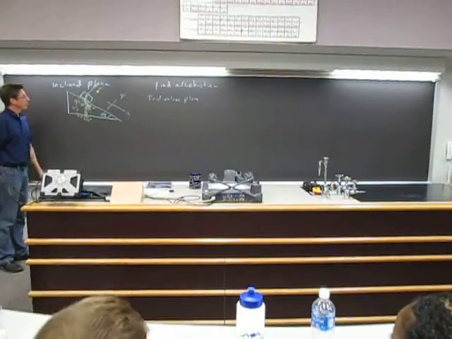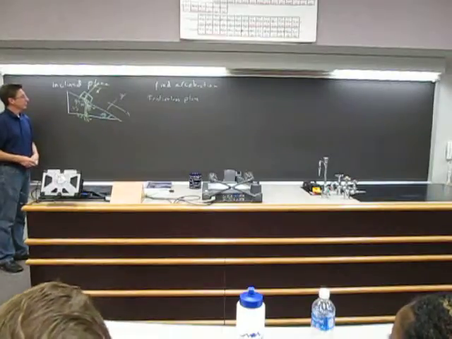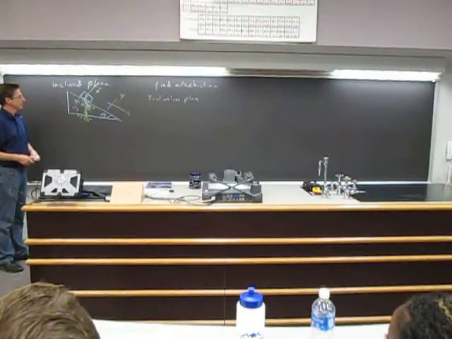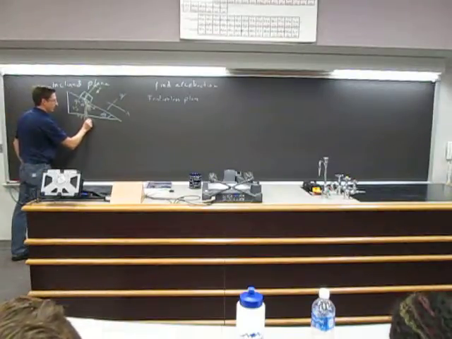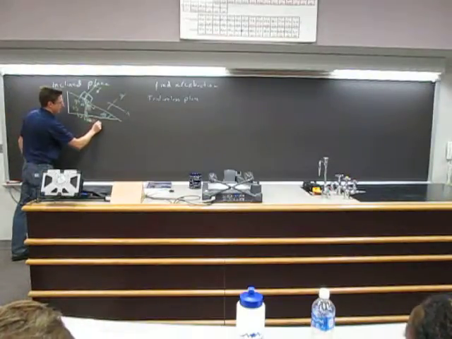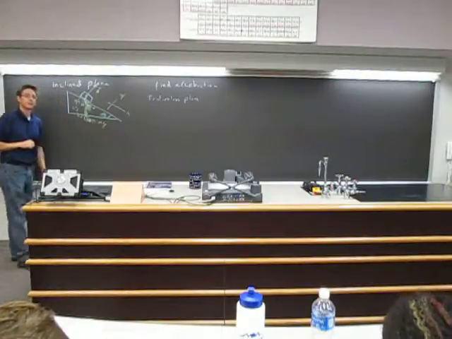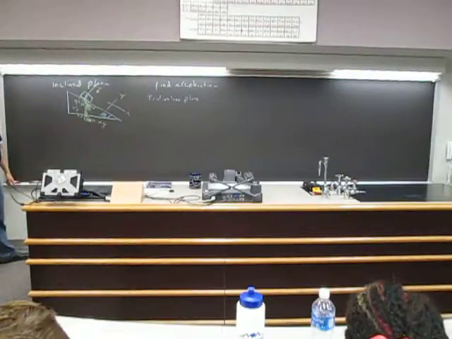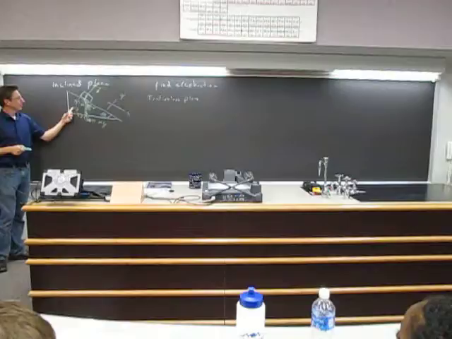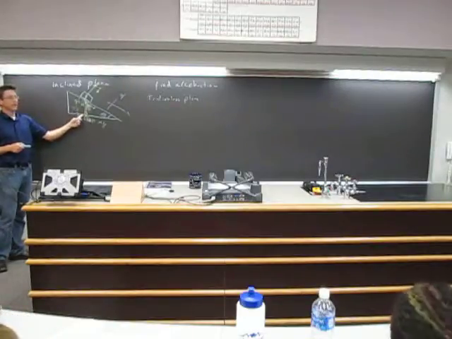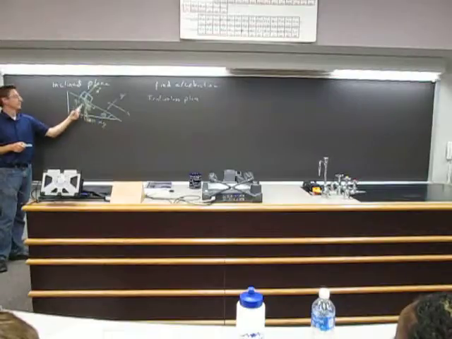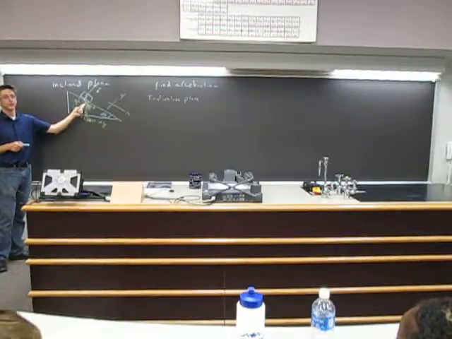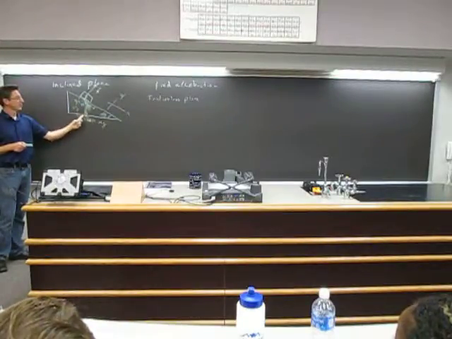And so we automatically know what the magnitude of this weight is: m times g, right? And so how much of that points in the x direction? If this is the angle theta, what's this side of this triangle?